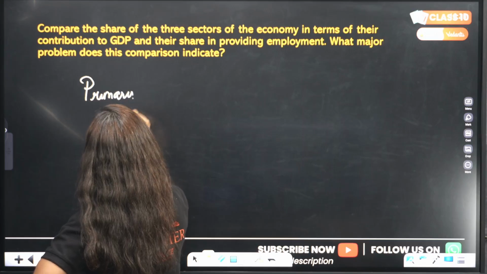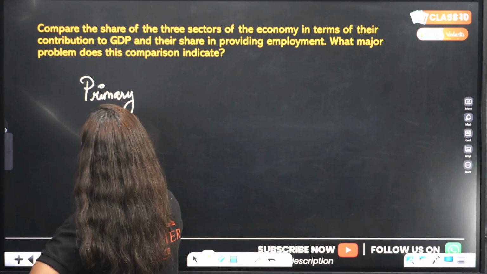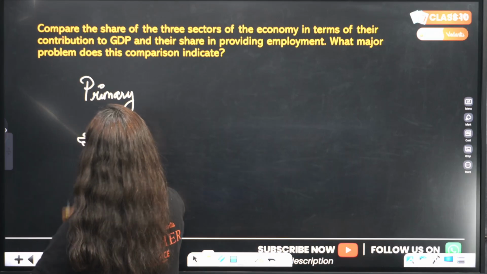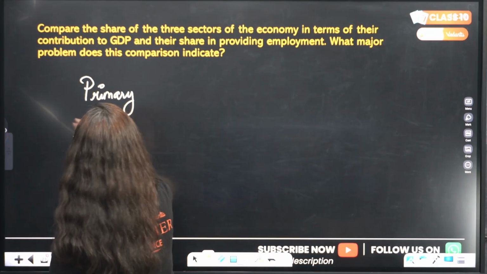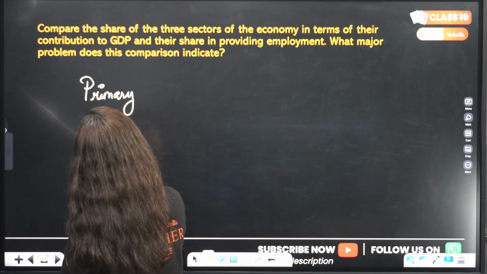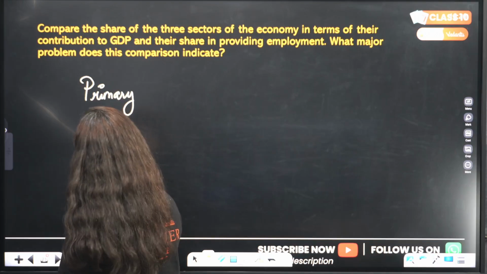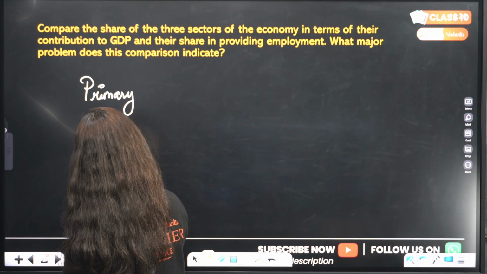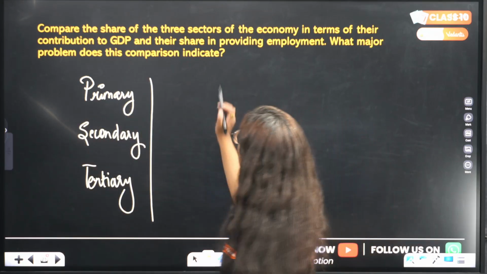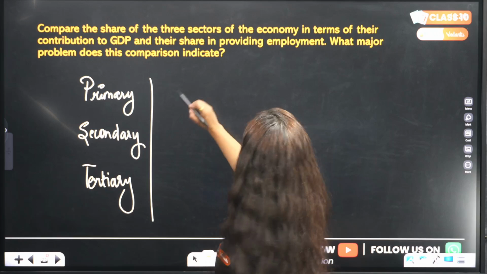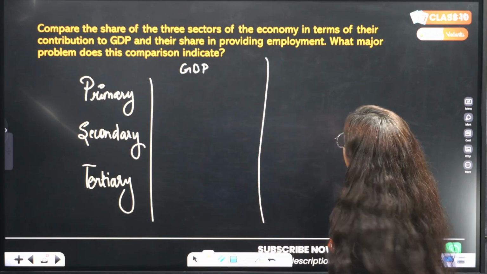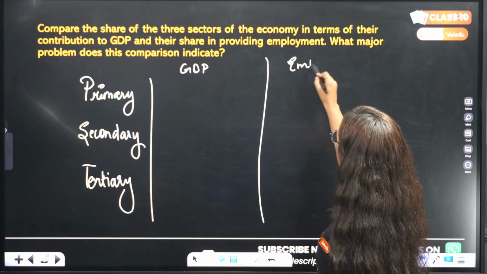We have primary sector, then we have secondary sector, and then we do have tertiary sector. Three sectors. What we are going to analyze here is related to their contribution in GDP and then in providing employment.